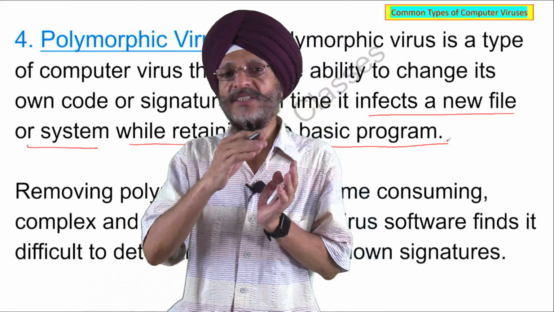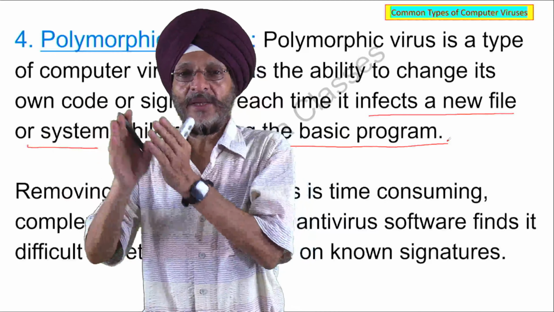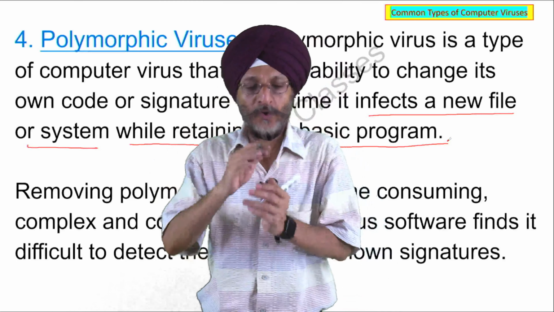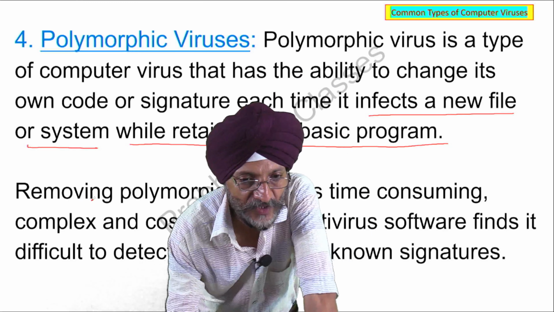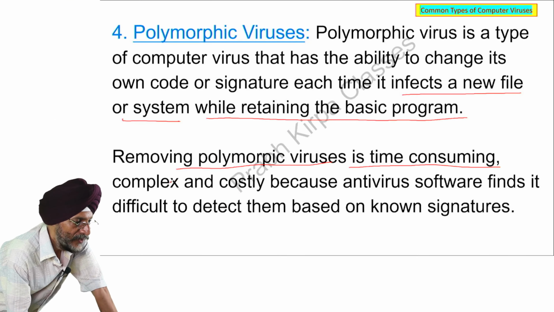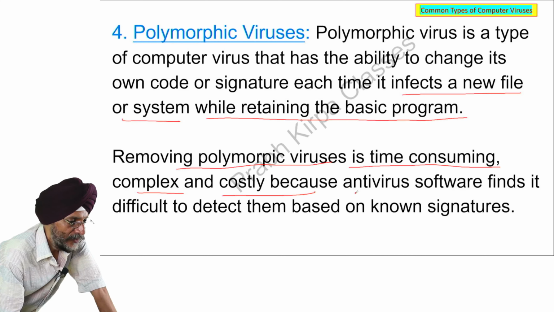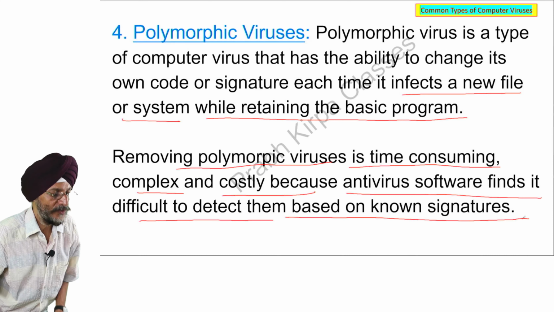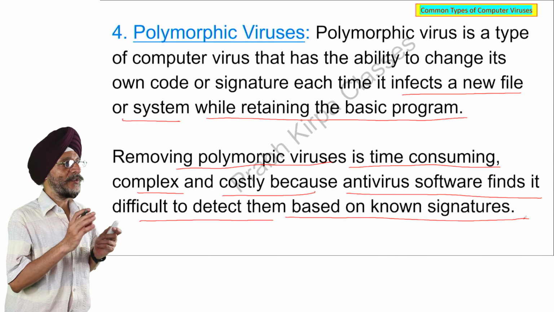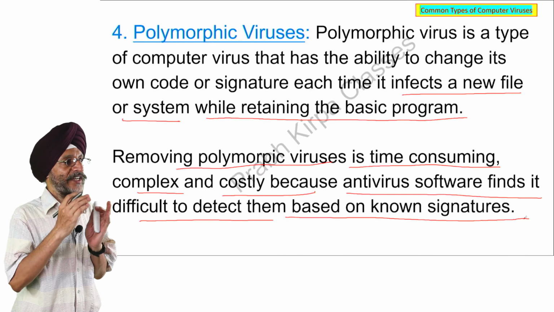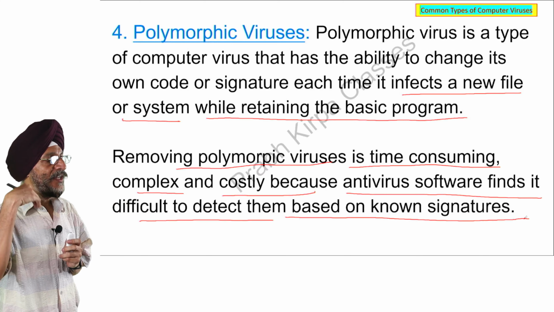That is, the functions for which it has been created remain the same, only it changes its outward look or code. Removing polymorphic viruses is time consuming, complex, and costly because antivirus software finds it difficult to detect them on the basis of known signatures. We will discuss about the signature based identification or detection by antivirus software in our next course.